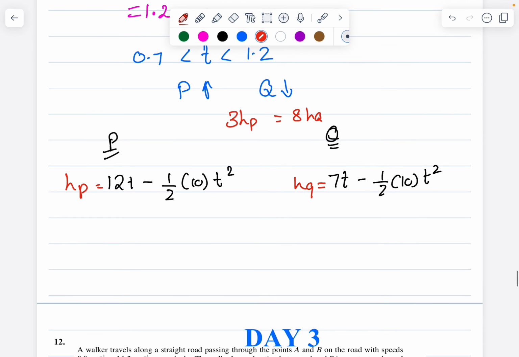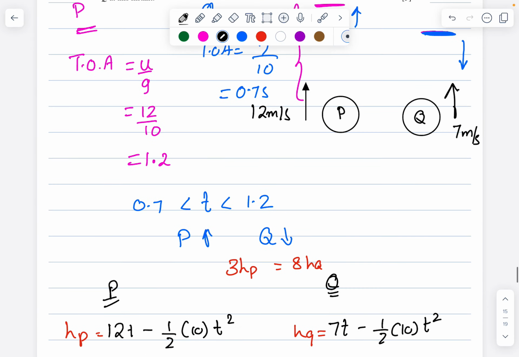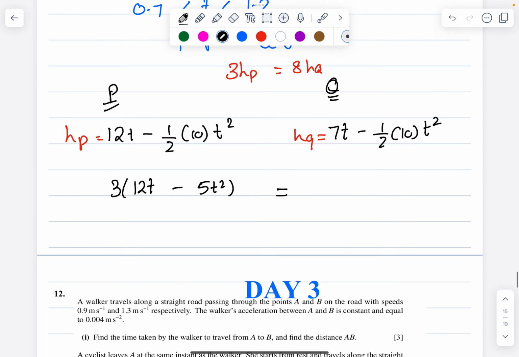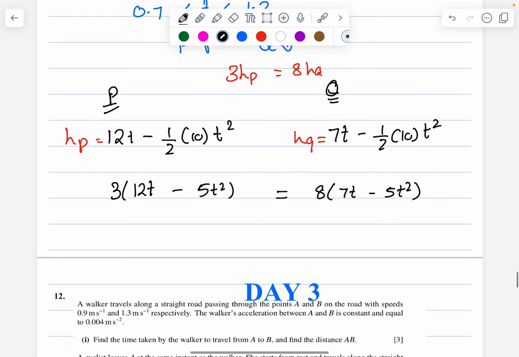So it becomes 3 times (12t minus 5t square) equals 8 times (7t minus 5t square).